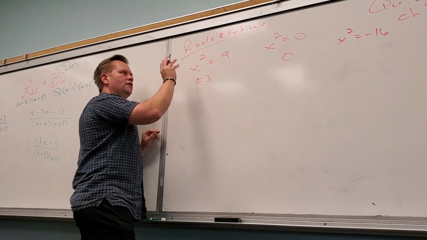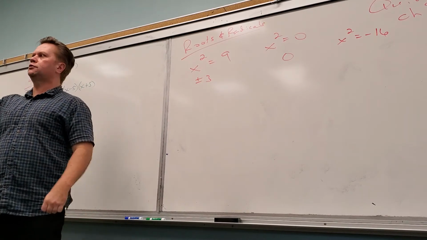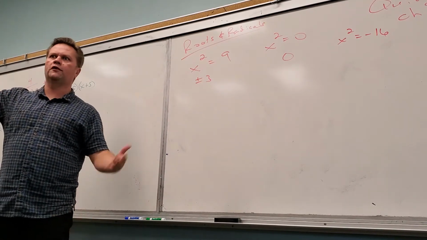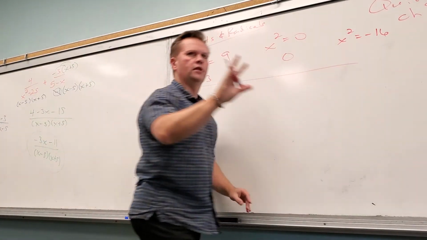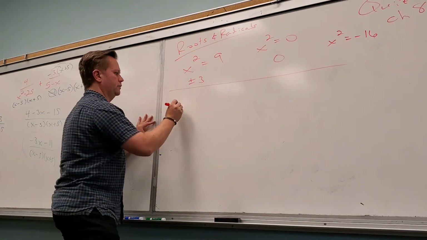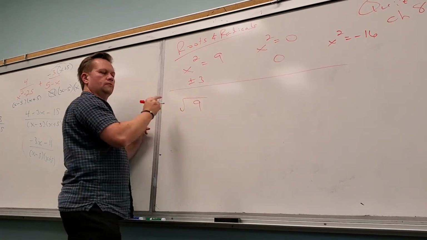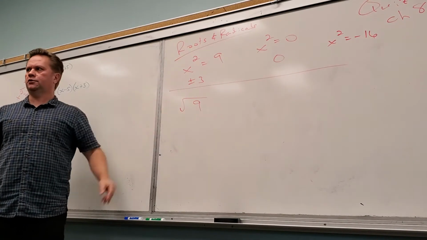So if the book asks you what are the square roots of 25, that's plus or minus 5. Here's where the whole negative thing comes into play. If I write this symbol, that is the positive root.